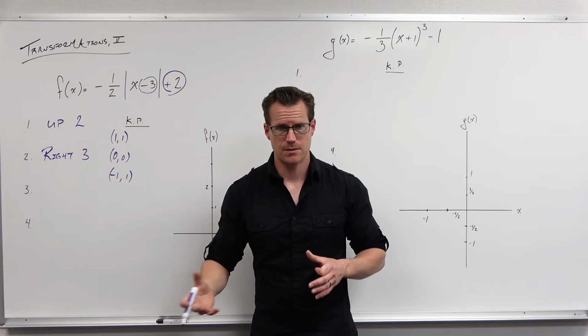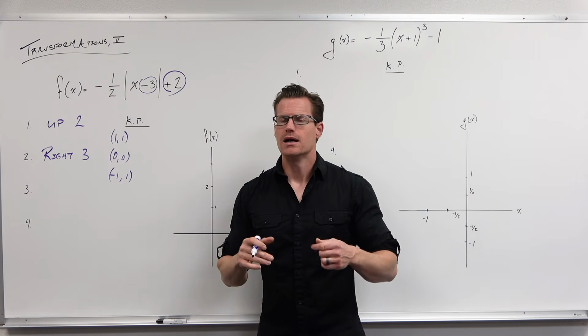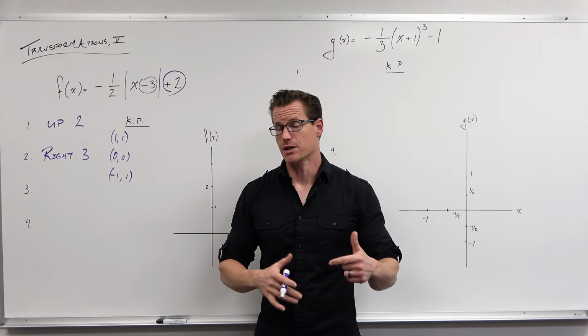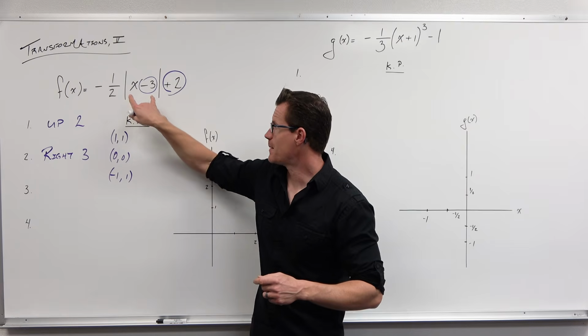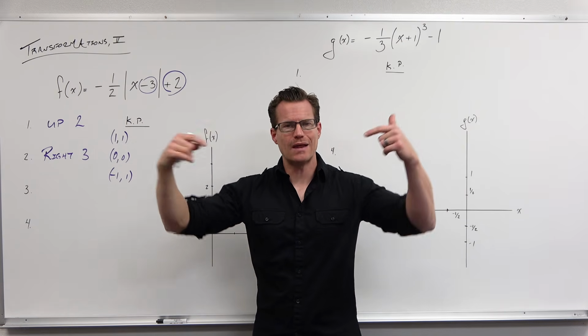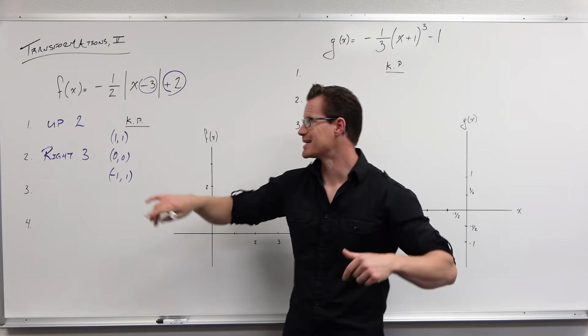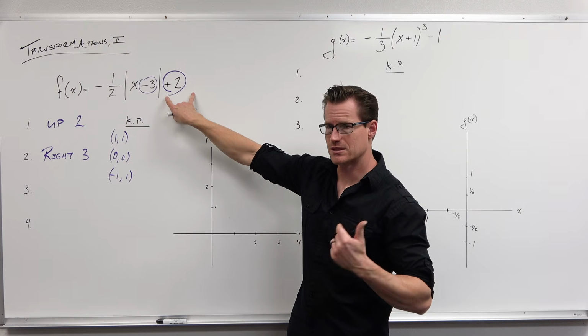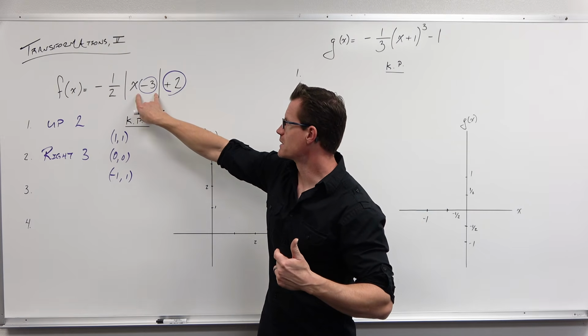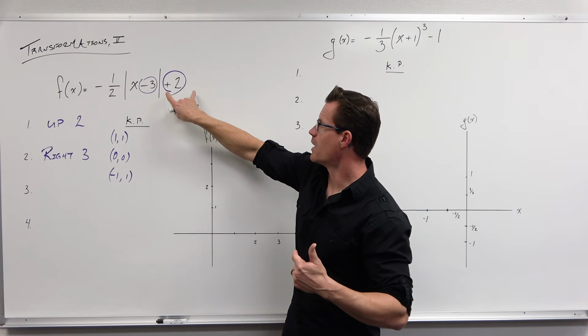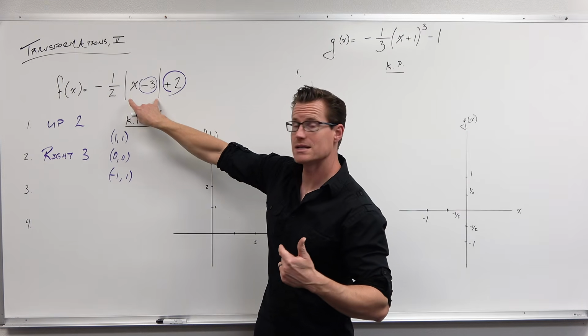Now we look out front. That out front idea is also affecting the output, not the input. The only thing that ever affects the input is stuff that happens inside the function before you let the function take over. So we looked at it and said, that's an output, that's affecting the output, that's +2. That's affecting the input, that's -3. So up 2, but right 3.